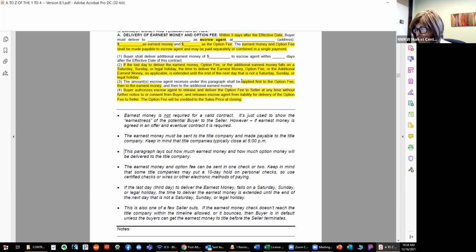Okay, so when they get a check, that's one check for option and earnest, it's saying here in paragraph 3 that it shall first be applied to the option fee and then the rest to the earnest money. The reason they're saying that is they want to make sure that the person has an option period. What happens if they make a mistake and they don't have enough money for the earnest money that they've agreed to because they've taken the option fee out?